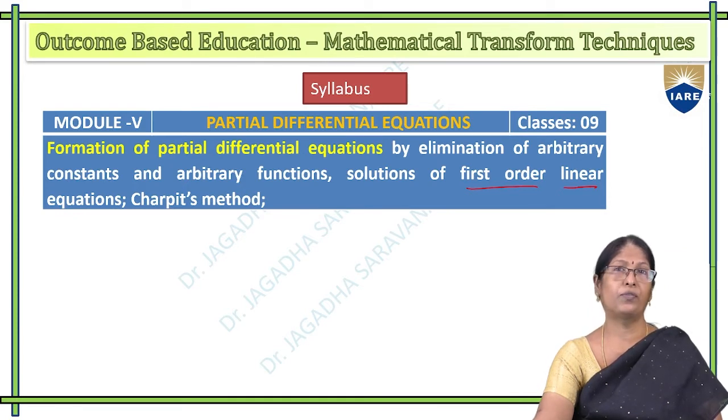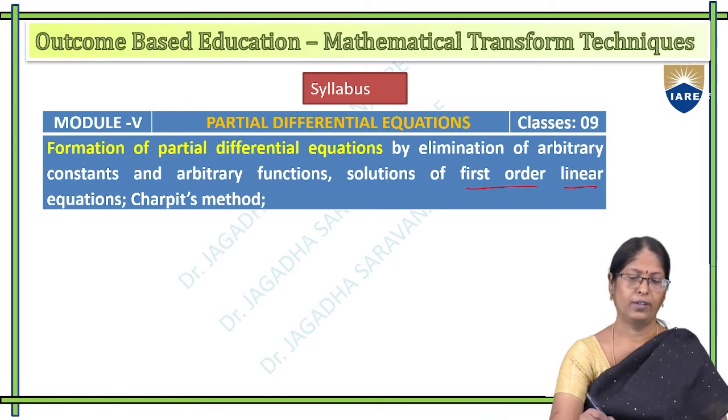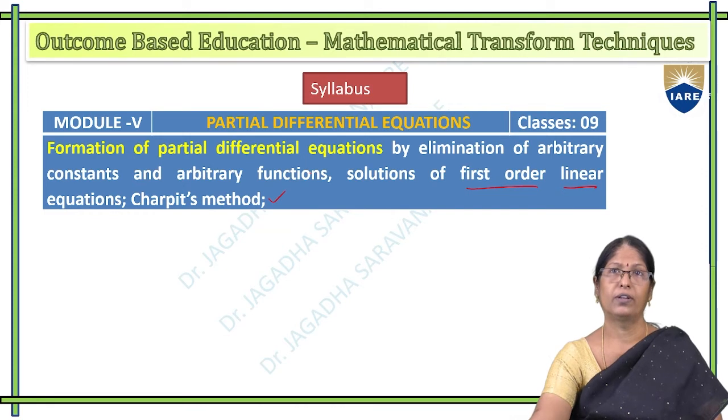The complete study of linear equations, regarding Lagrange's linear equation, is focused on in this Module 5 syllabus on partial differential equations. Non-linear: the specific method is Charpit's. If the Charpit method is there, the standard forms, though not mentioned in the syllabus, are understood. The 6 standard forms are used with Charpit to solve non-linear partial differential equations.